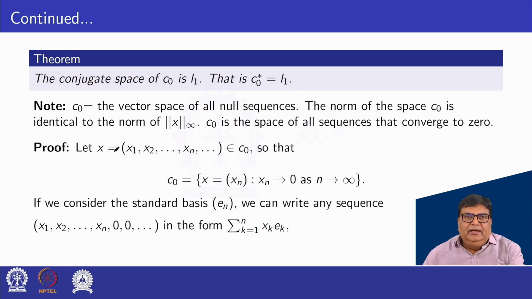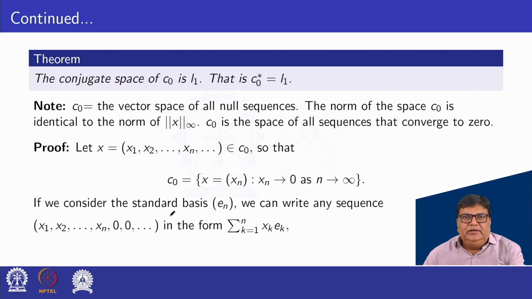Proof. Let x equal to x1, x2 and so on, xn and so on, belonging to C0, so that C0 equals the set of x belonging to C0. Then xn is a sequence that converges to 0 as n tends to infinity.